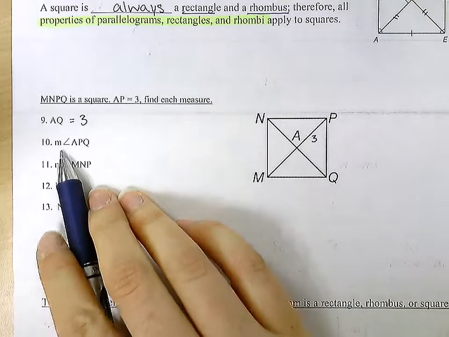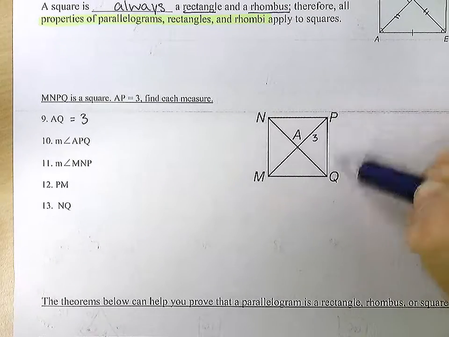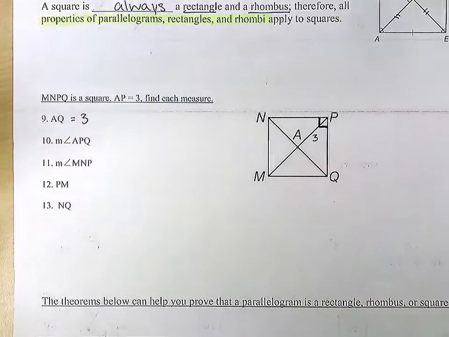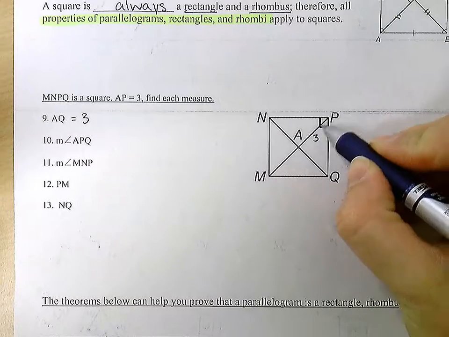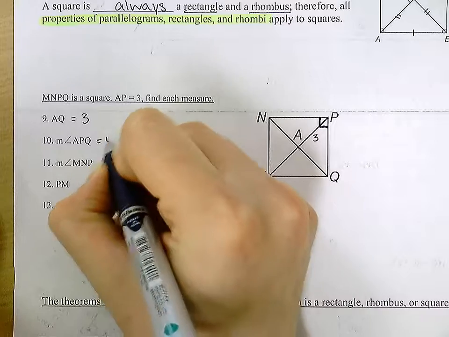Number 10, we want to find the measure of angle APQ. So APQ is here. Well, all of angle P is 90 degrees, right? Given my properties of a rhombus, that diagonal bisects that angle. So what would half of that angle have to be? 45 degrees.